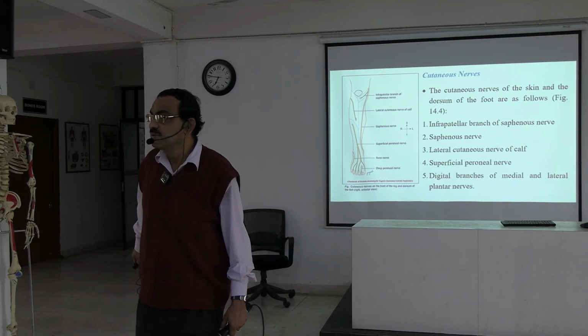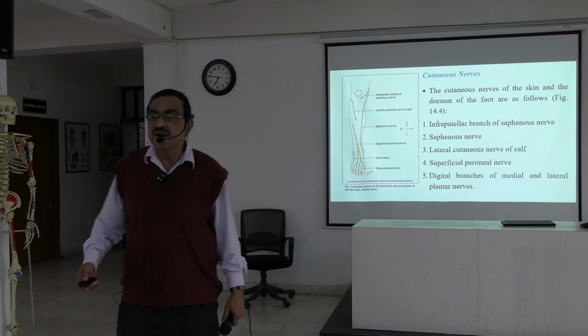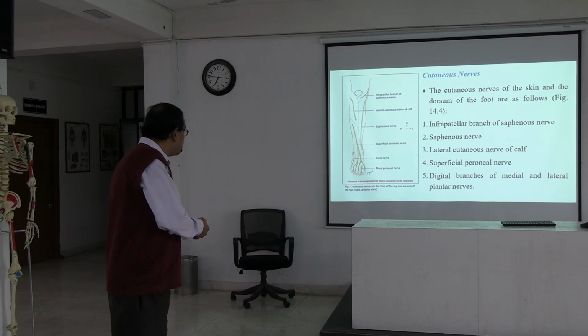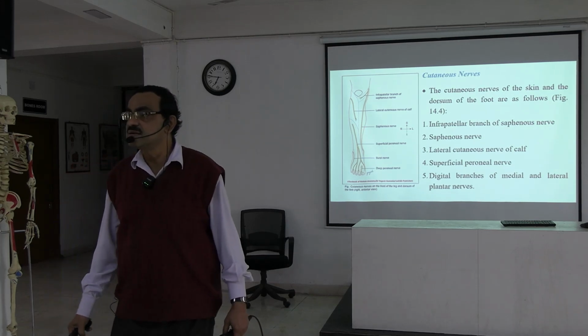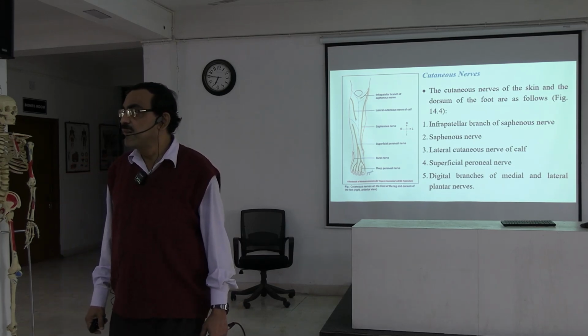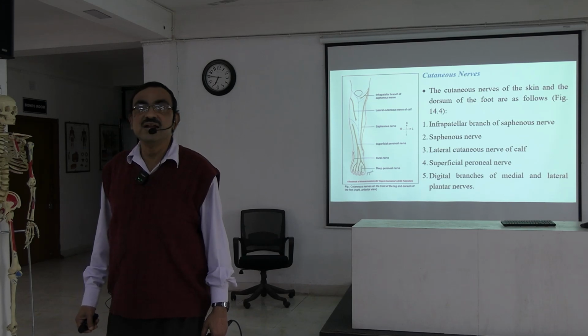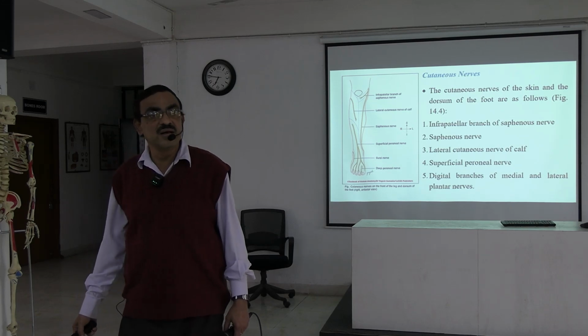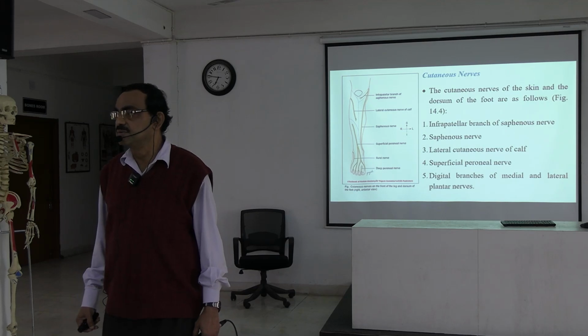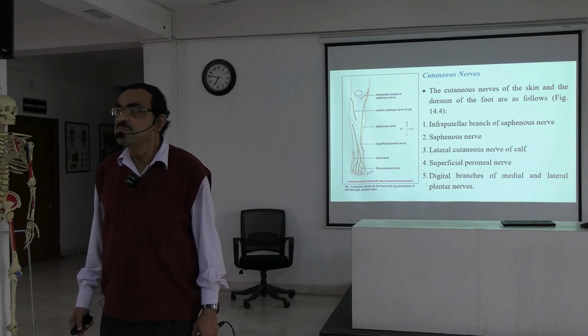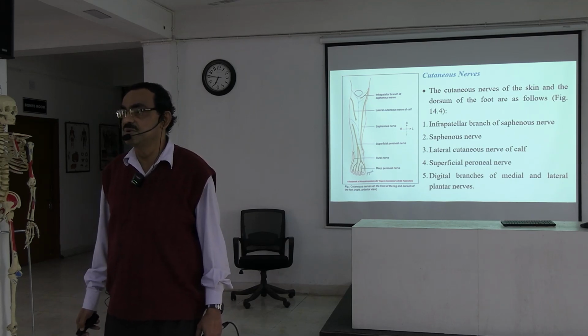Similarly, here we can also find one cutaneous nerve which is called the superficial peroneal nerve, which not only supplies the skin, but before that it supplies the muscles. Which muscles? Lateral compartment muscles, that is peroneus longus and peroneus brevis.